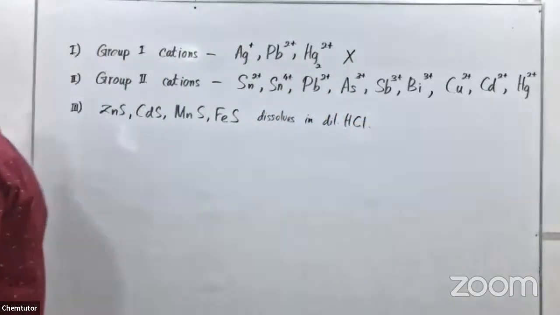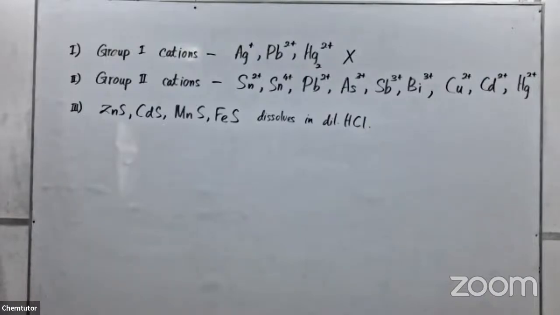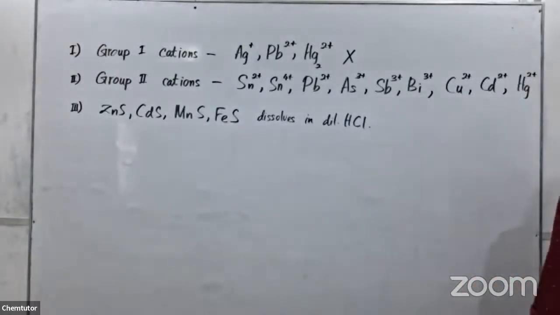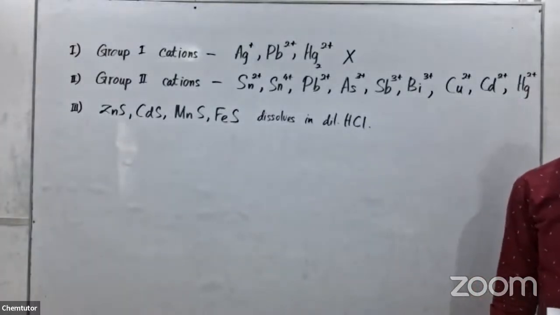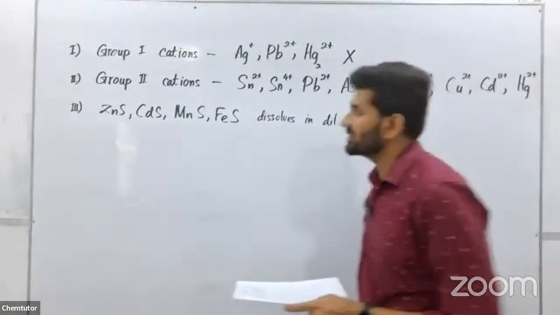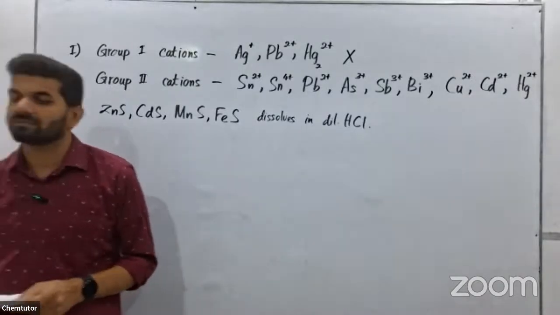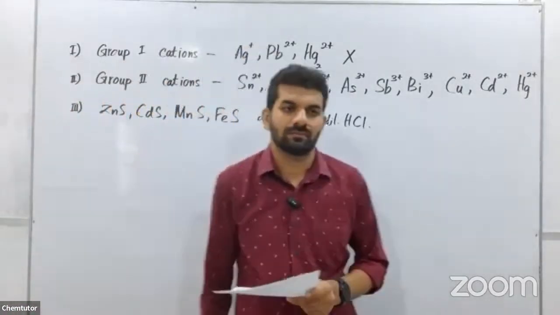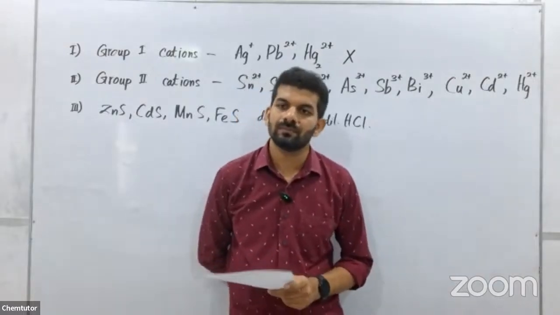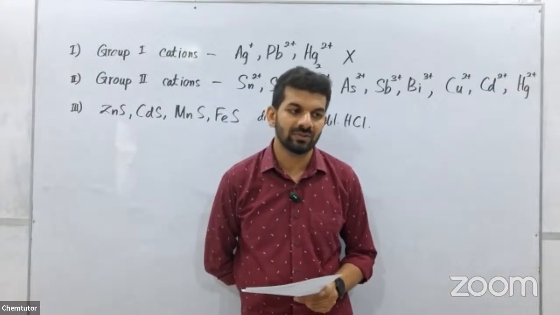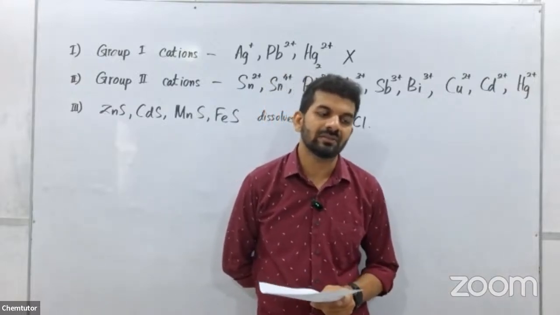Right. Now here we have added excess H2S with dilute HCl. Then you can say, when excess H2S is added with dilute HCl, a yellow precipitate is given.